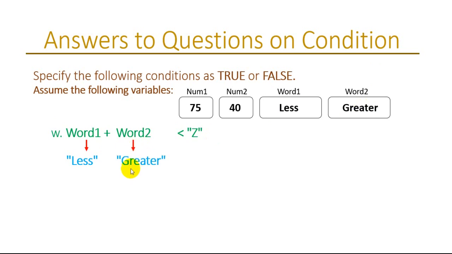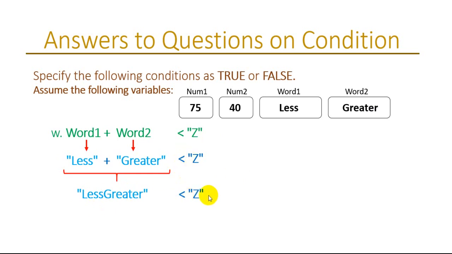Then we have concatenate, and then less than Z. Now we have to concatenate these two. LESS we join to the word GREATER, you will get a word called LESSGREATER. No spaces, because there are no spaces in here or in here. So it just joins the two, less than Z.